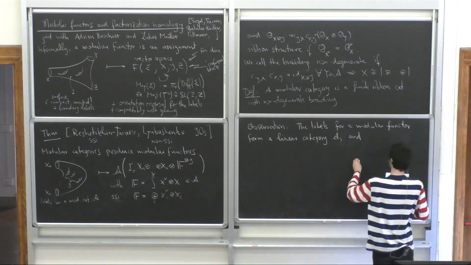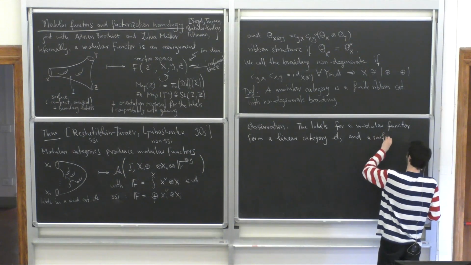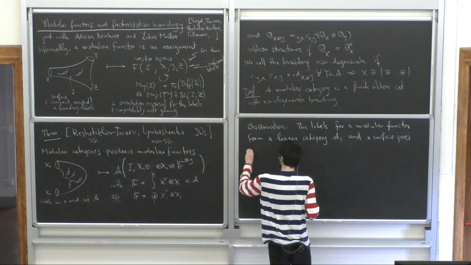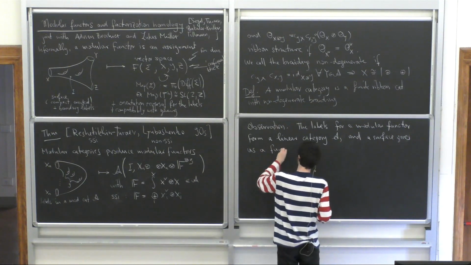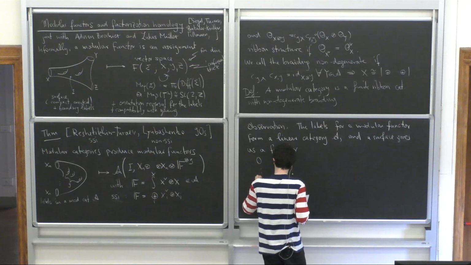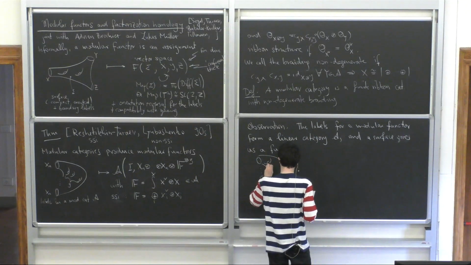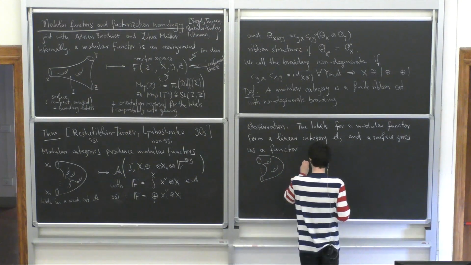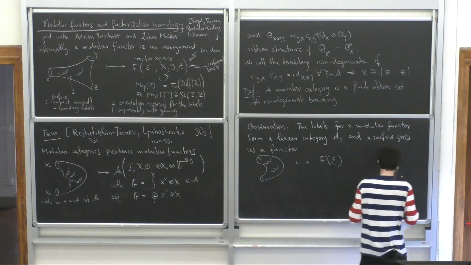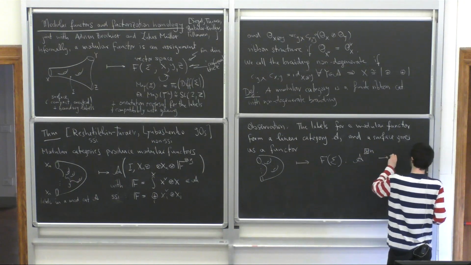But any surface gives us a functor from A to the N to Vect.